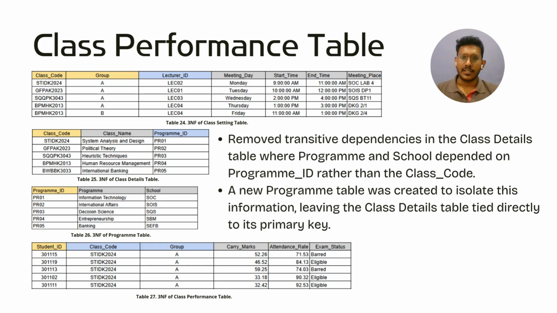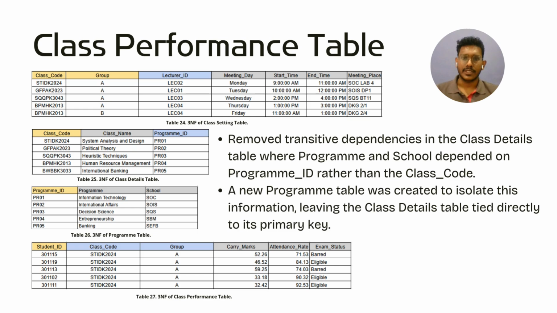Next table is the program table. So there is a list of academic programs and their schools. For example, information technology belongs to SOC. So it prevents repeating program or school info across multiple classes.